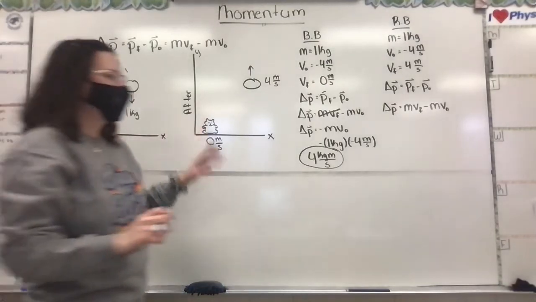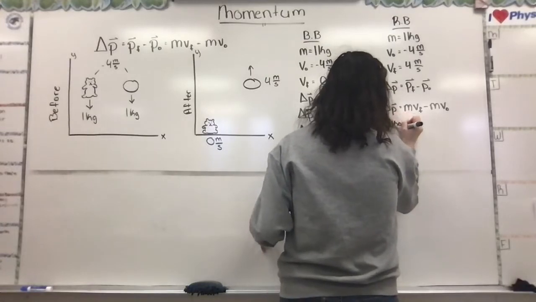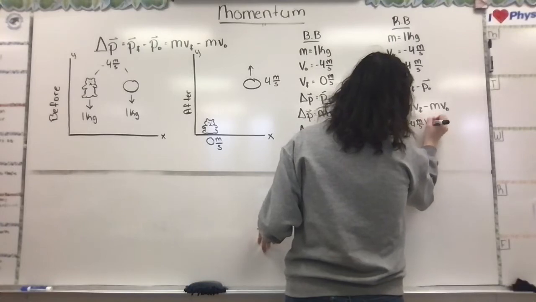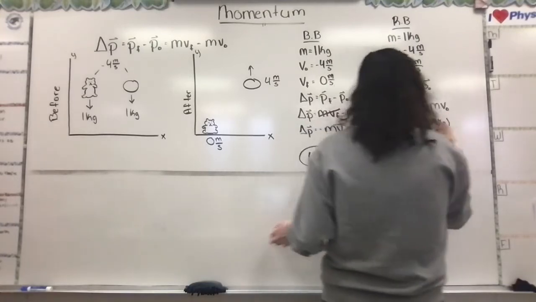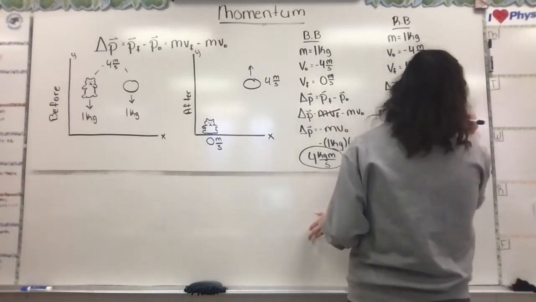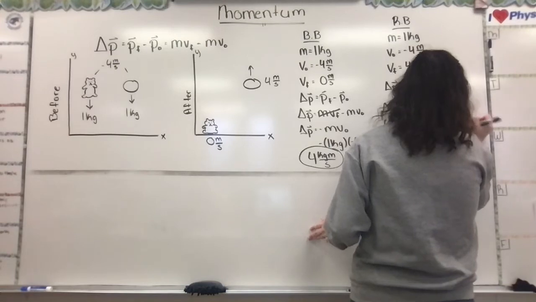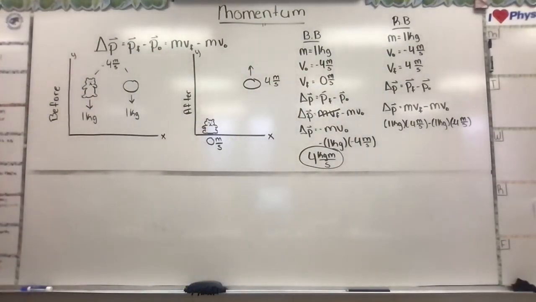No, okay? So we're going to have to plug it all in. We'll have 1 kilogram times 4 meters per second minus 1 kilogram times -4. Oops, sorry, it's +4 at the beginning. The -4 is the initial. So we have 1 times 4 minus 1 times -4.